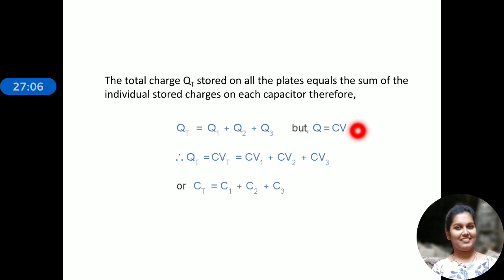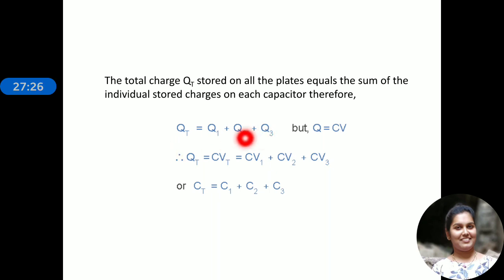So QT is equal to C into VT, Q1 is equal to C into V1, Q2 is equal to C into V2, Q3 is equal to C into V3.